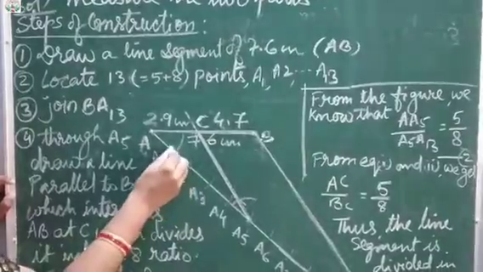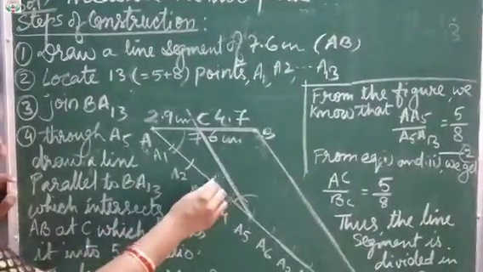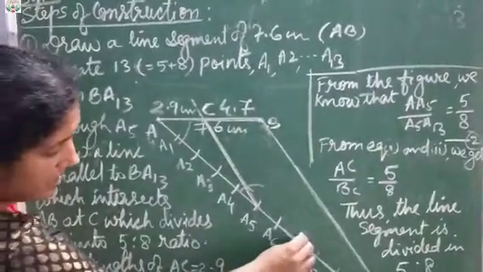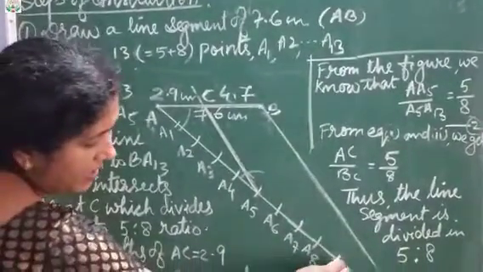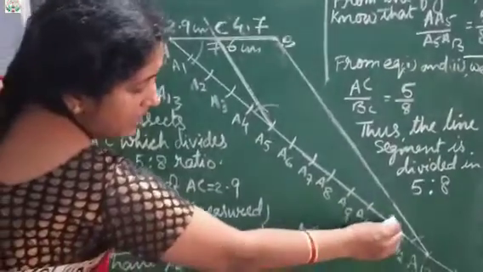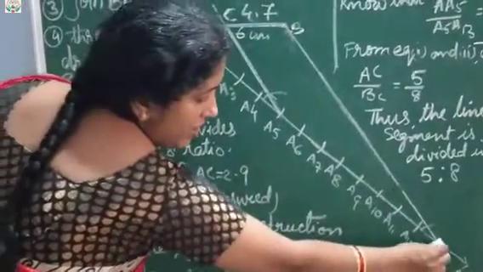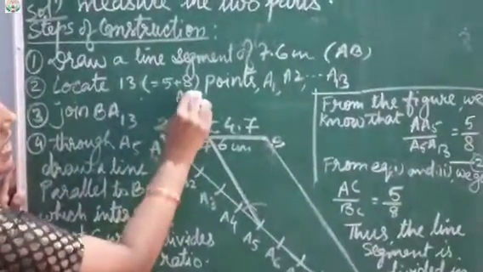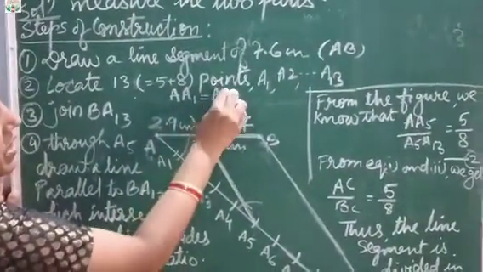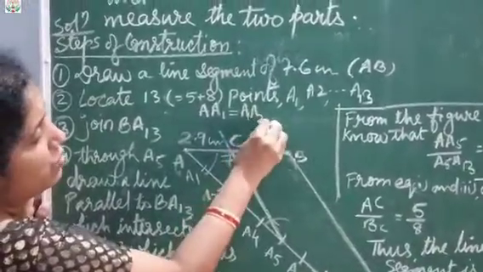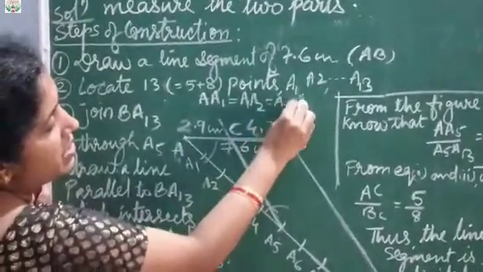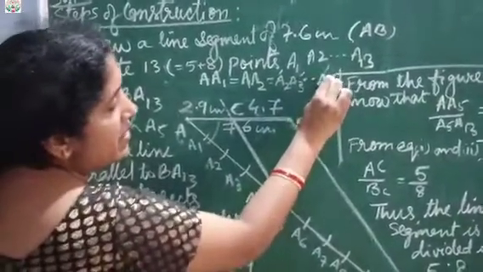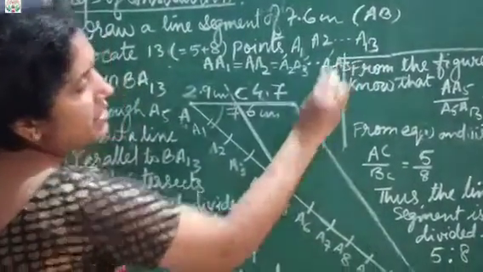Likewise A1, A2, A3, A4, A5, A6, A7, A8, A9, A10, A11, A12 and A13 with the same measurement, that is like A1 equals A1, A2 equals A2, A3, likewise it will continue till A12, A13.